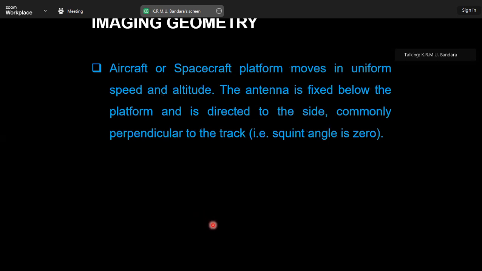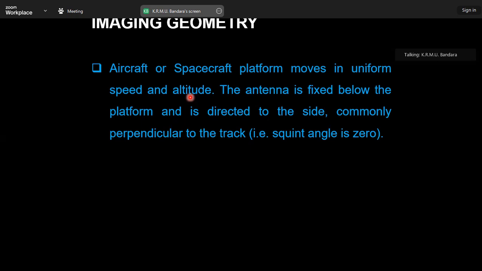An aircraft or spacecraft platform moves at uniform speed and altitude. This is precise because the ground monitoring stations are always tracking the spacecraft. An aircraft can keep uniform altitude and speed, but altitude sometimes may be a problem because of photogrammetry. The flight can rotate in three different directions.